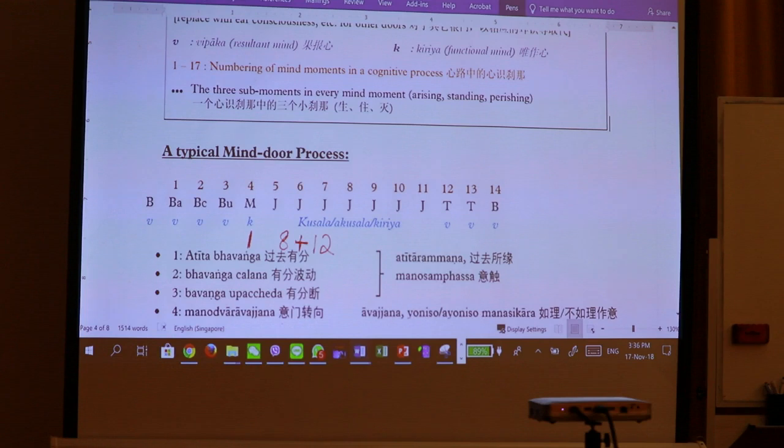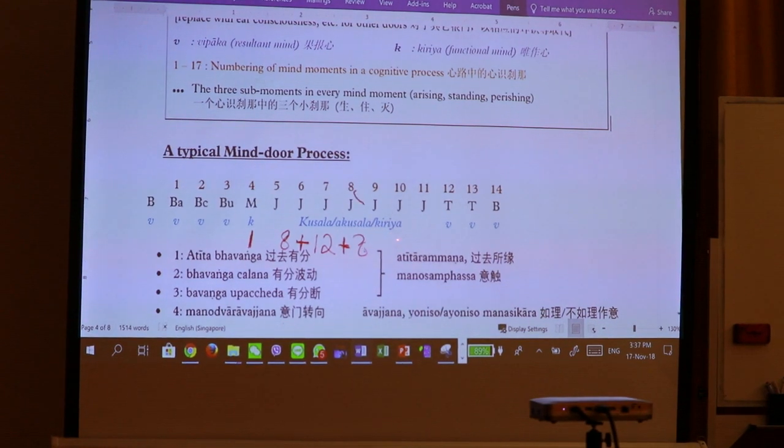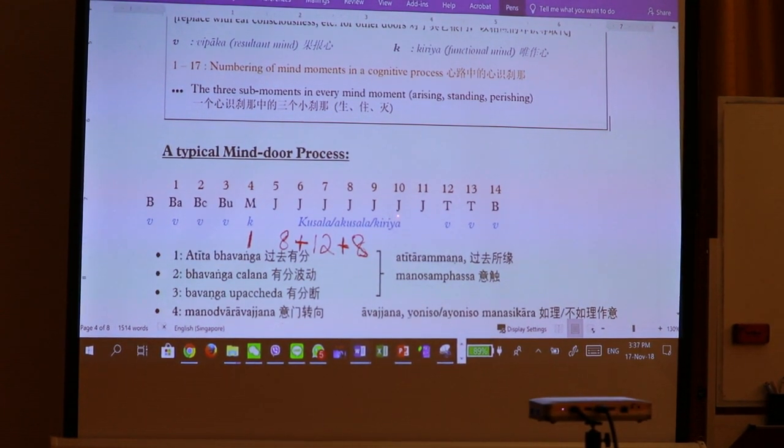Because there are the 7 javanas, they are talking about the 7 javanas. This is for us. For the arahat, one of the 8 functional, and one of the smiling consciousness, only one. Now total, Tadaramana also, one of the 11.